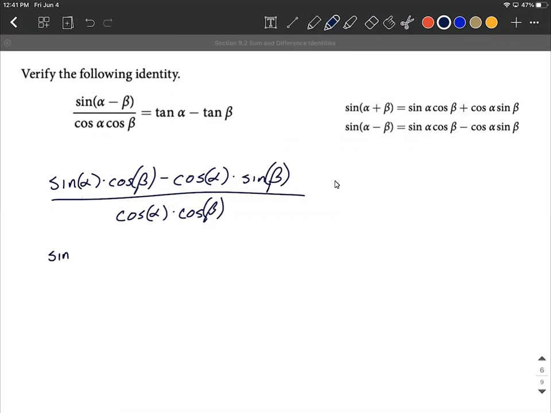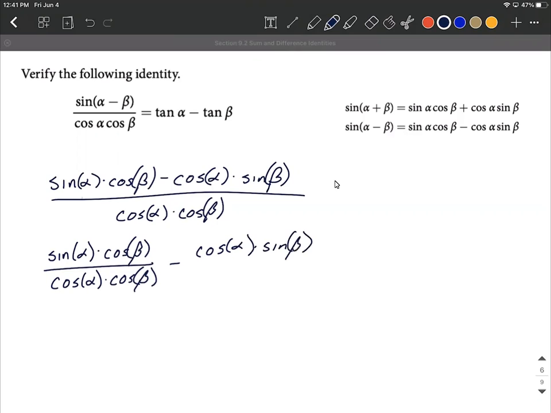So that's going to give us sine of alpha times cosine of beta over cosine of alpha times cosine of beta minus cosine of alpha times sine of beta over cosine of alpha times cosine of beta. And I get it. That's a lot of busy work just rewriting stuff, but that's okay.